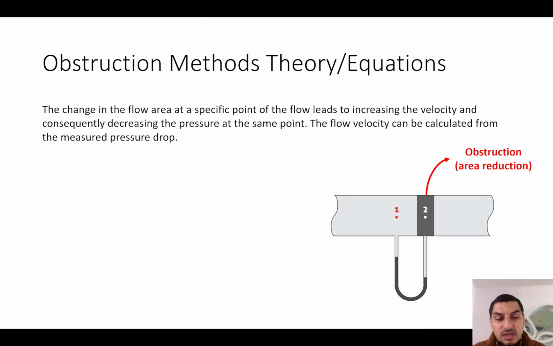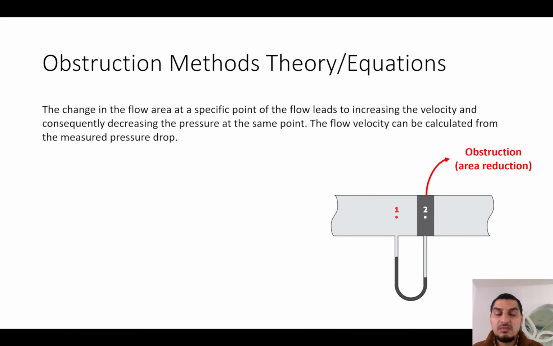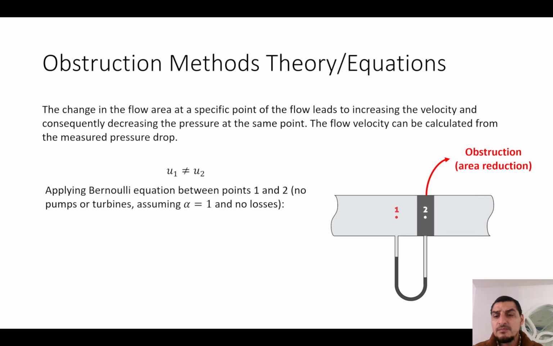The difference between the three different types of flow meters here is how we do this obstruction. This is the only difference, but they are all based on the same idea, that we reduce the cross-sectional area, and so the velocity increases. So we know that the velocity is not the same, and we have the Bernoulli equation here.